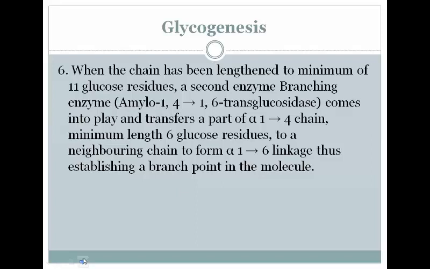So a minimum 6 glucose containing chain of 1,4 glycosidic linkage, it can be 7, which will be transferred to another chain or the same chain and form 1,6 glycosidic linkage.